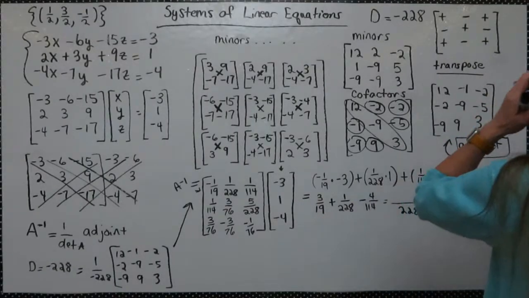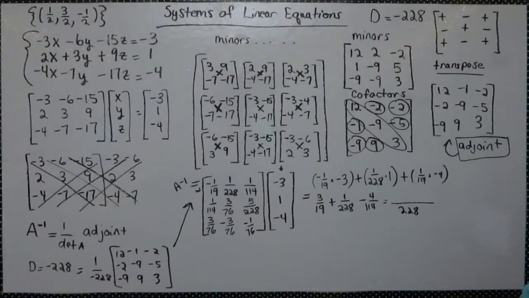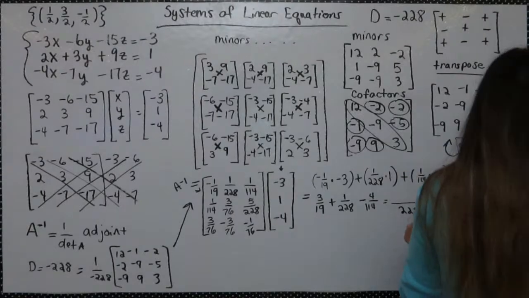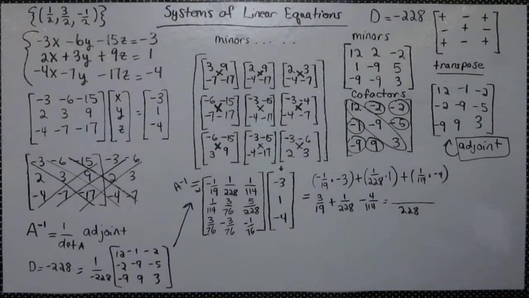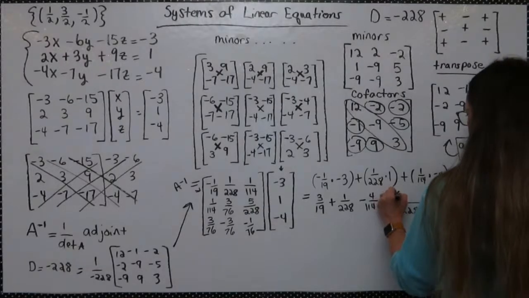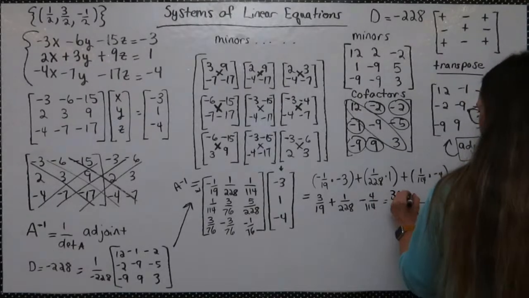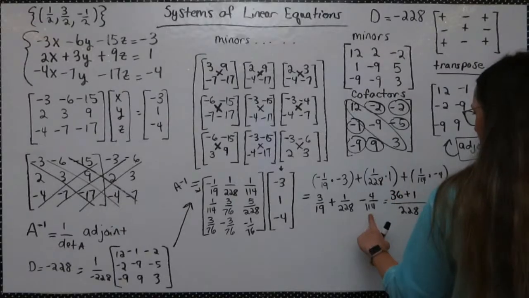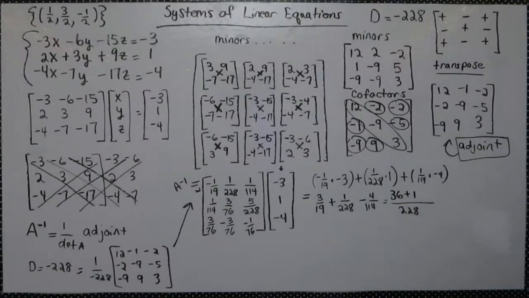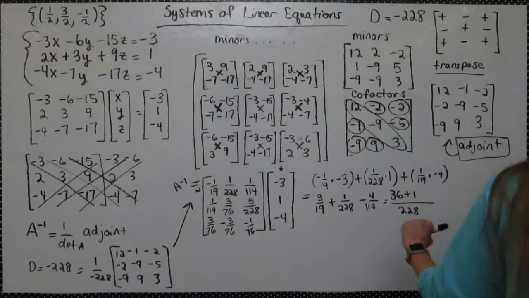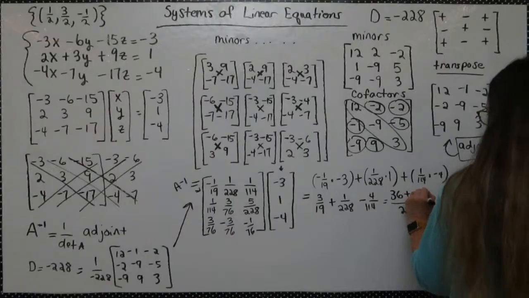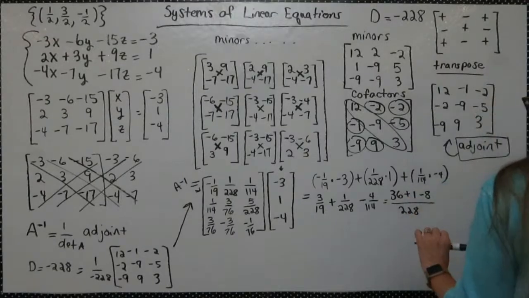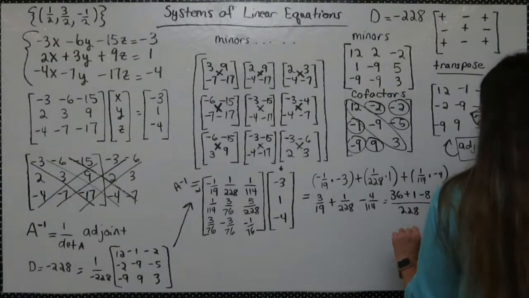All right, and it's going to be 228. So this first one, 19 times 12 is 228, so 3 times 12 is 36. So this one is 36. This is just plus 1. And then 114 goes in 2 times, so that's going to be 4 times 2, which is -8. I'm just adding these fractions really quickly.